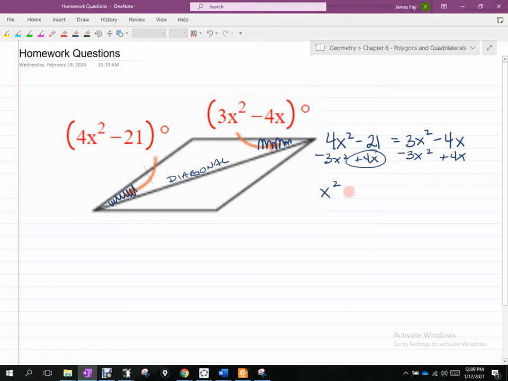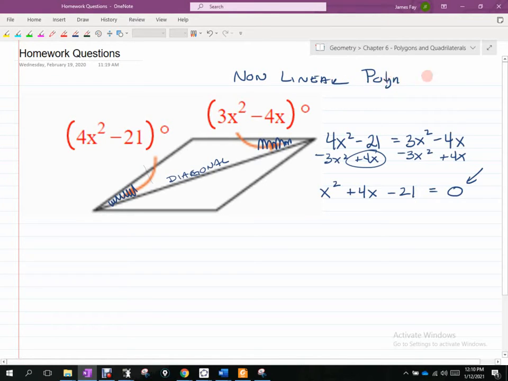So 0x plus 4x is 4x. And then my minus 21, and that gives me 0. Okay, so combining like terms that way, we set the goal of getting the right-hand side to be 0. Because our goal here, whenever something is non-linear, okay, so I want to say non-linear polynomial equations.